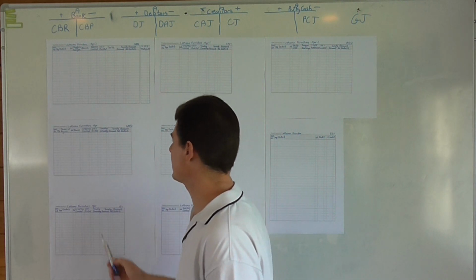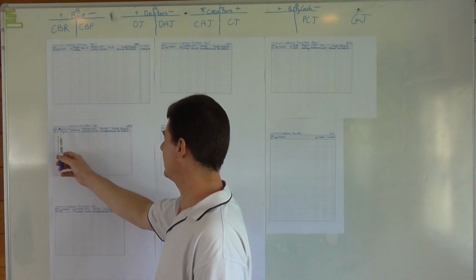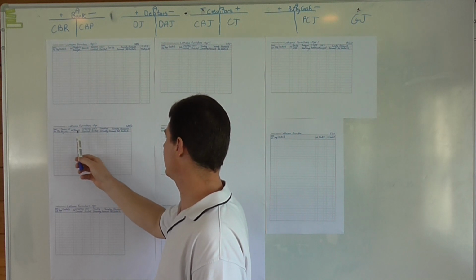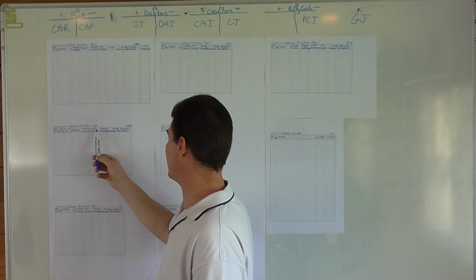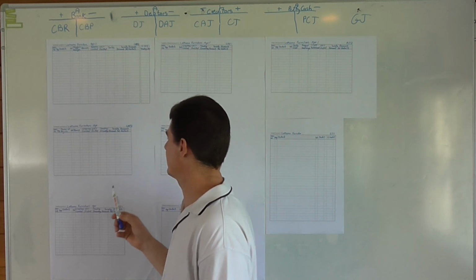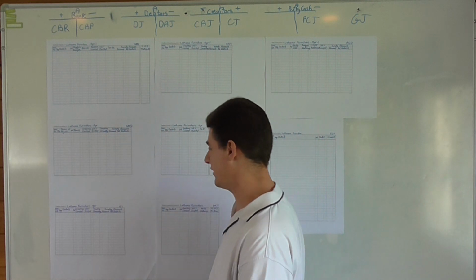Your cash book payments: document number, day, name of payee, folio, bank, creditors control, VAT input, trading inventory, and your sundry accounts, which is your amount, folio, and details.